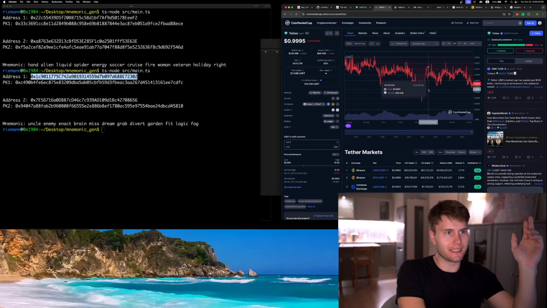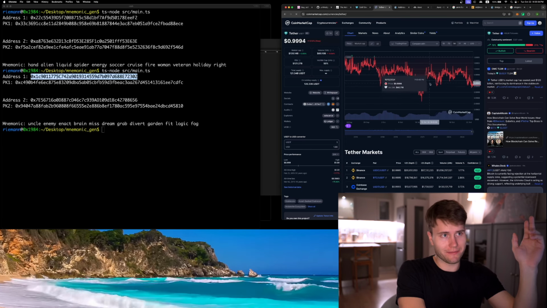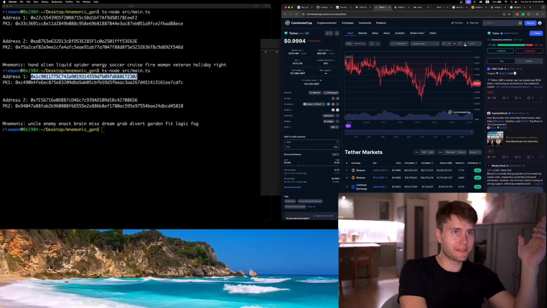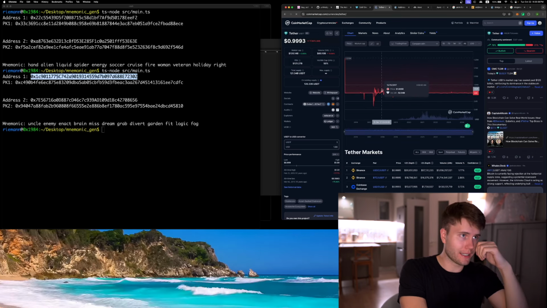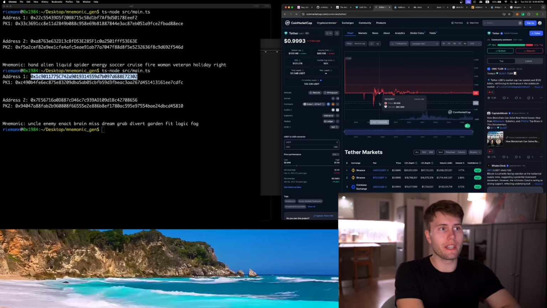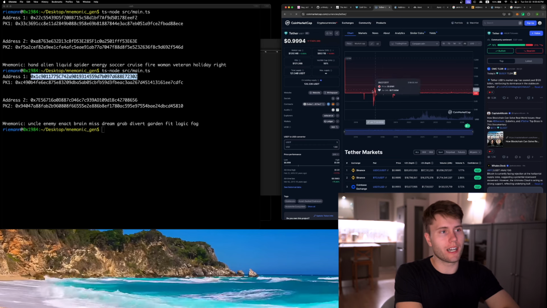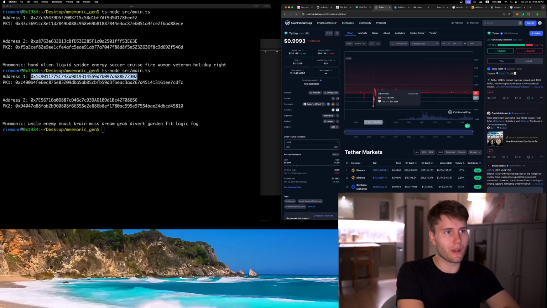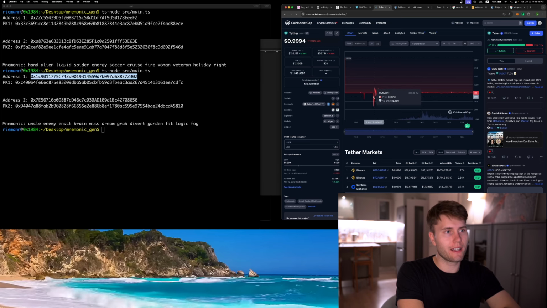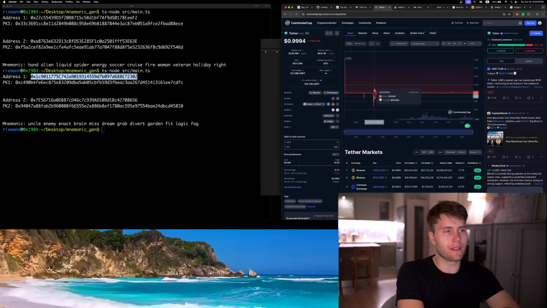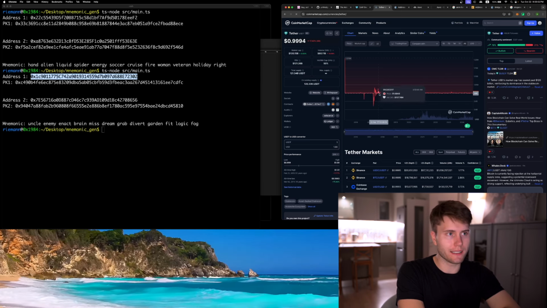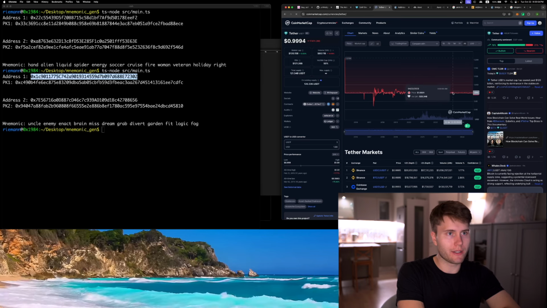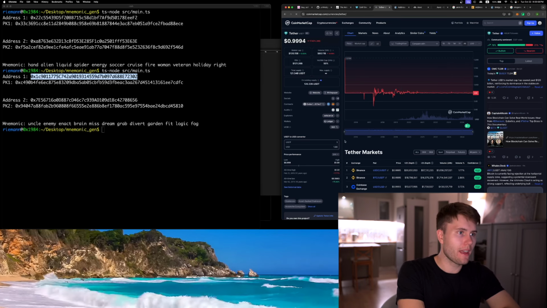This is crazy. It looks like it fluctuates a lot, but if you look at the one year or all-time historical chart, you can see that there were times when Tether actually depegged. This was back in 2017 during the DAO hack incident. But yeah, you can see that it's not exactly stable.